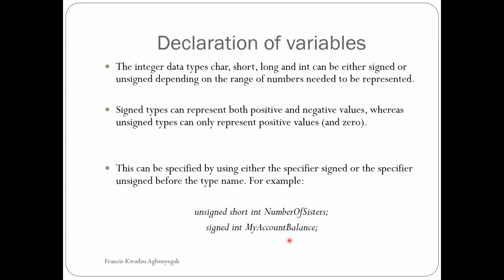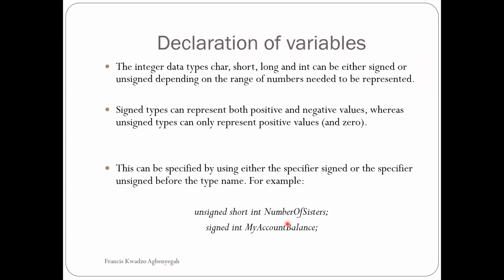Then the second declaration shows signed int my account balance. You can go to your bank and your account balance will run into negative. If your account balance is running negative, we should be able to show that your account is negative. It can also be positive.